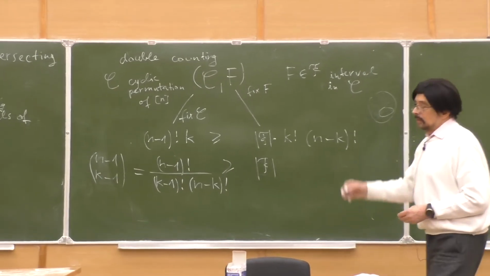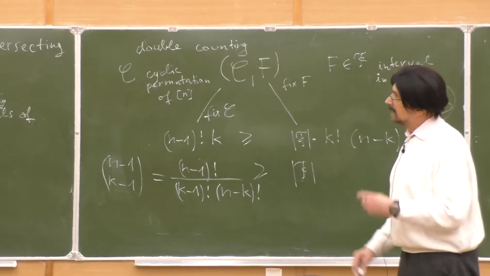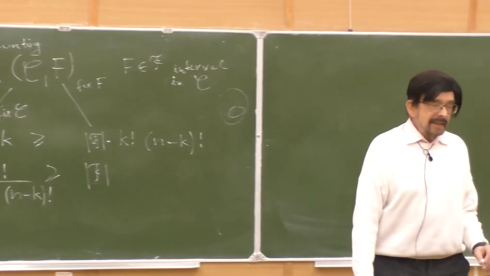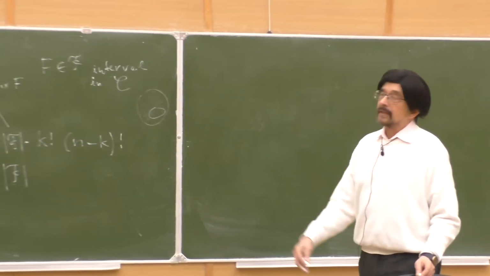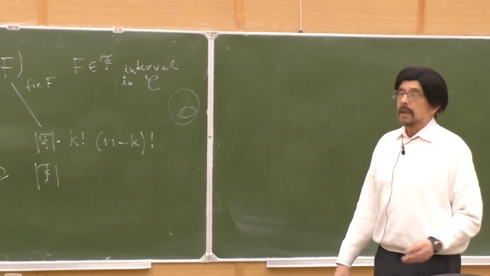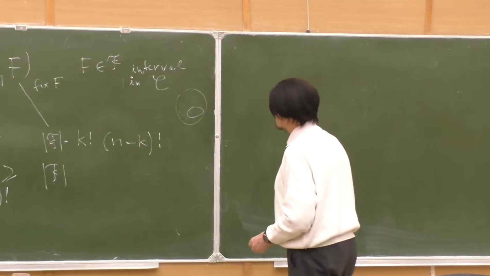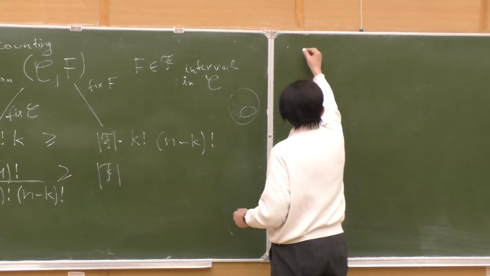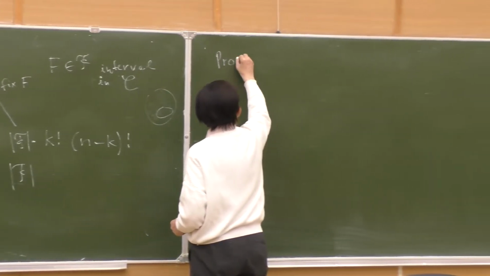But now I want to show you some other situations where the method of cyclic permutations is useful. I call it a proposition.